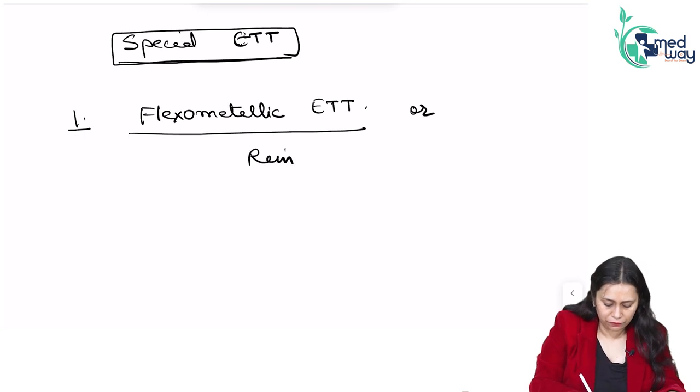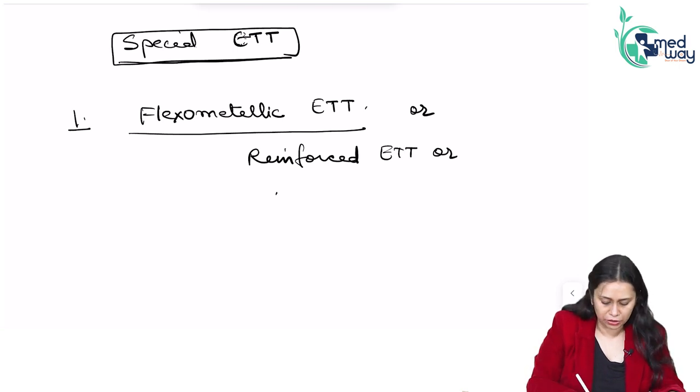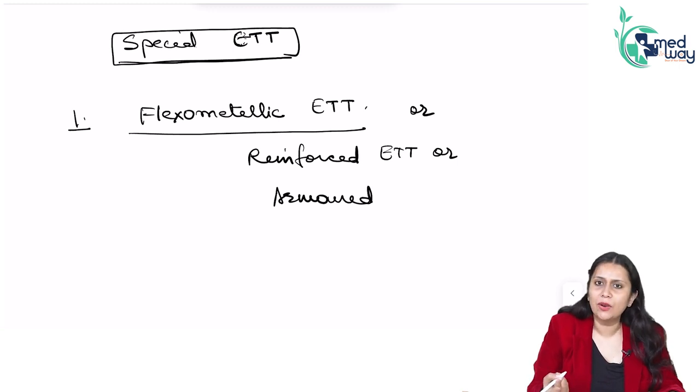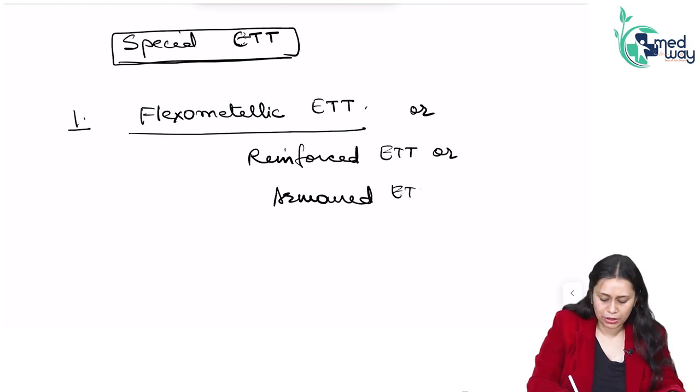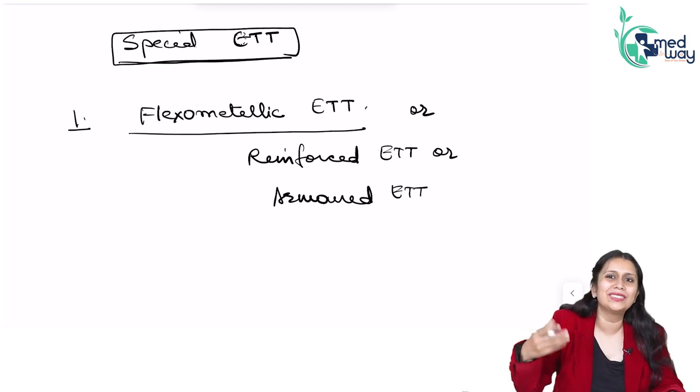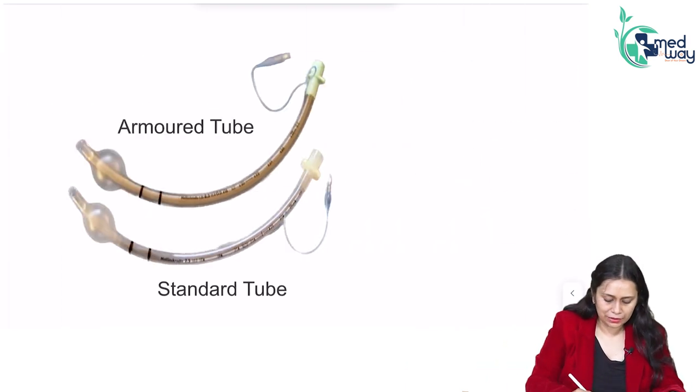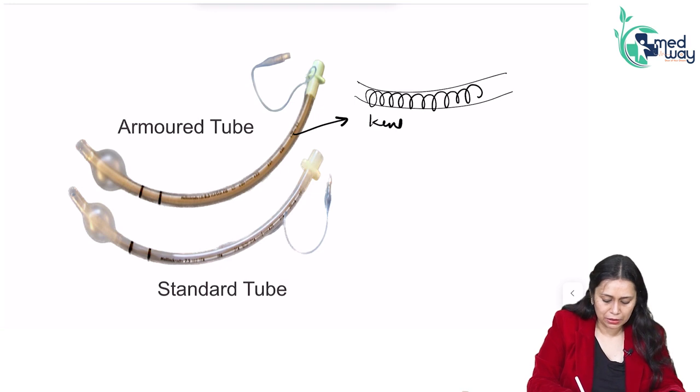Reinforced because it is reinforced by a metallic wire. Or we call it an armored ET tube because like a soldier, it also has armor. So its metallic wire is its armor. It has a metallic wire on its inner diameter. This has made it kink resistant.